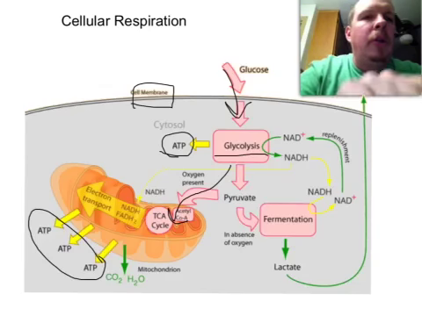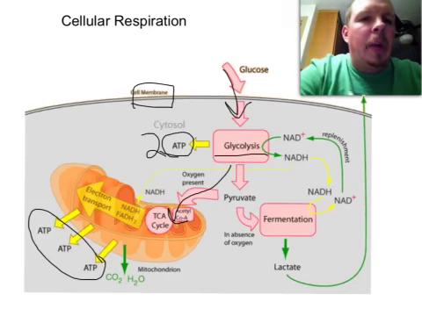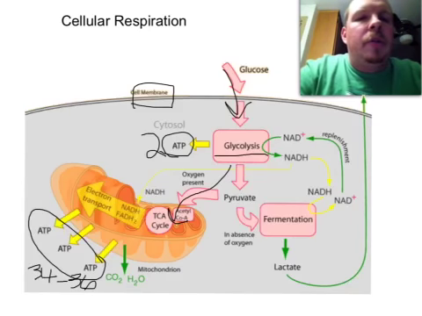So overall, you can get 2 ATP from this process out here, but in one mitochondria, you can get upwards of 34 to 36 ATP molecules. So mitochondria are pretty important for making a lot of ATP.